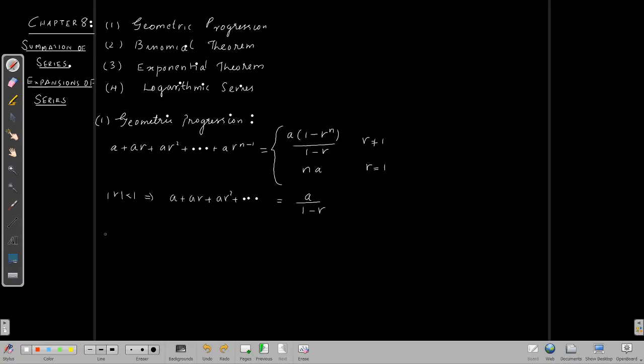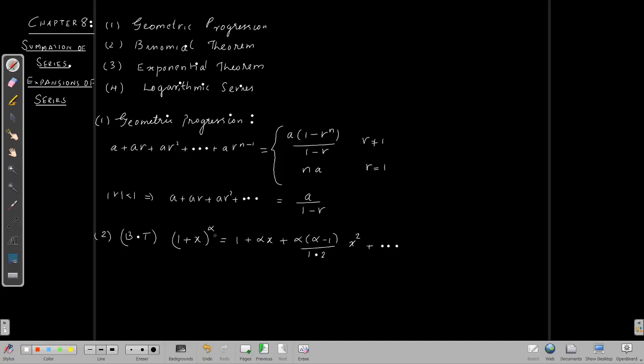Second, by binomial theorem, we mean 1 plus x raised to alpha is equal to 1 plus alpha times x plus alpha times alpha minus 1 divided by 1 into 2 times x square plus etc. So this is the binomial theorem.